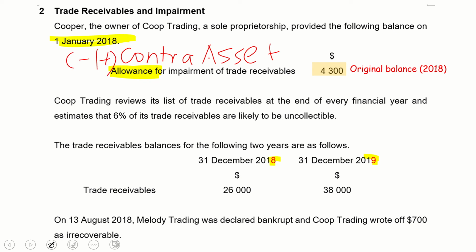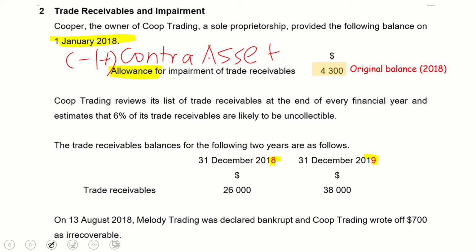Contra assets will reduce your assets. So allowance, which is like a reserve set aside in case your trade receivables cannot pay you, Cooper has set aside an original balance of allowance of 4,003 at the beginning of the year.